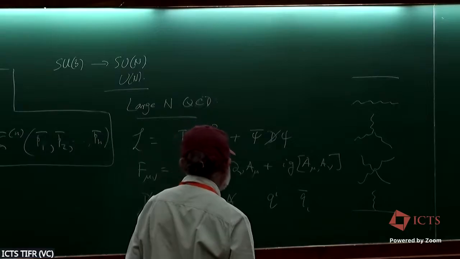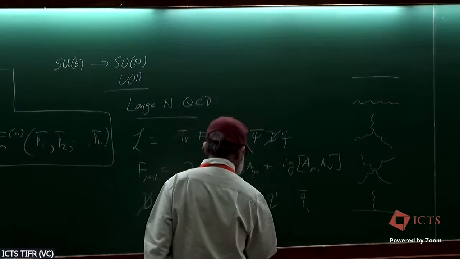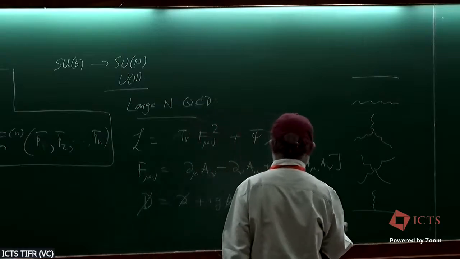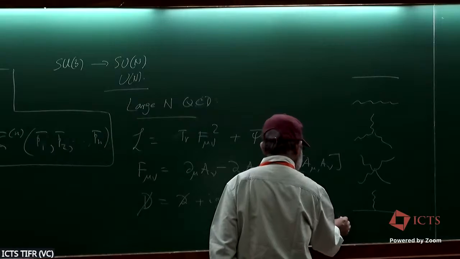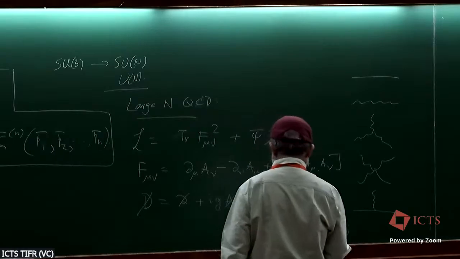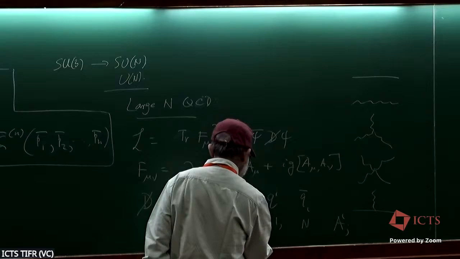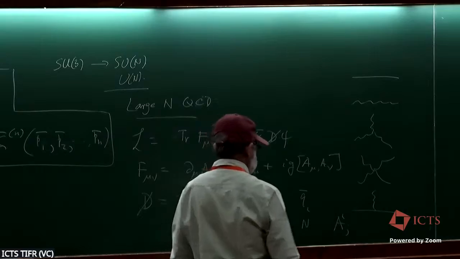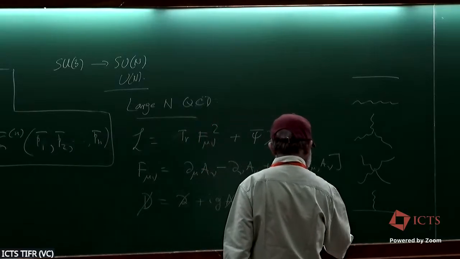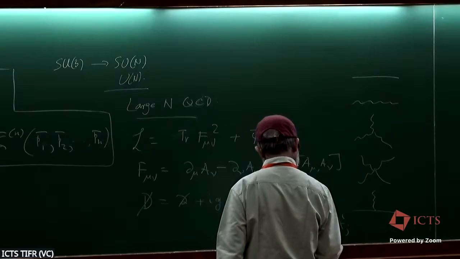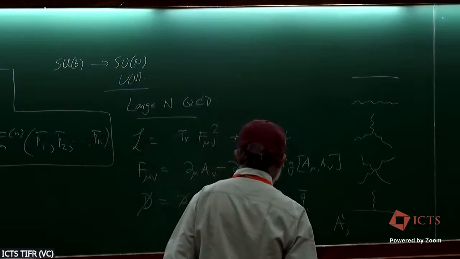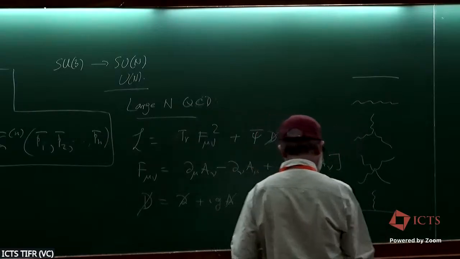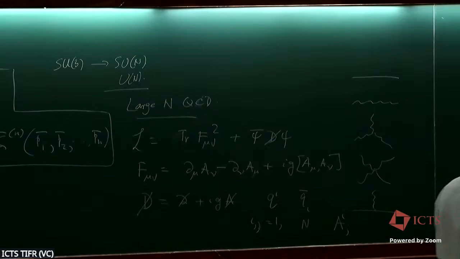This index I will run from 1 to N, and the gauge fields I'm going to write as A^i_j. Again, i and j will run from 1 to N. The first index I write upstairs, the second index I write downstairs. So this is a Hermitian matrix, and this, as I said, is a fundamental quark.